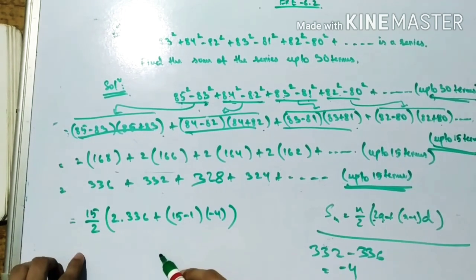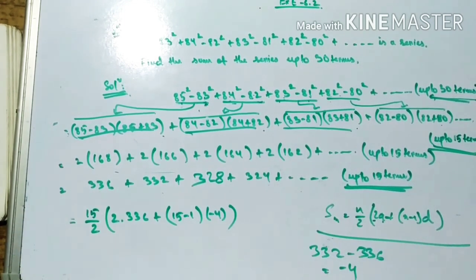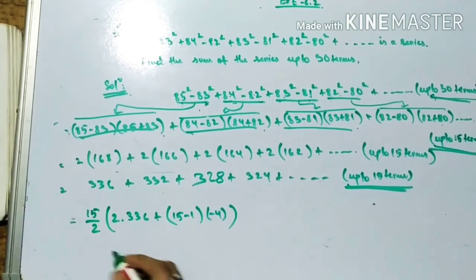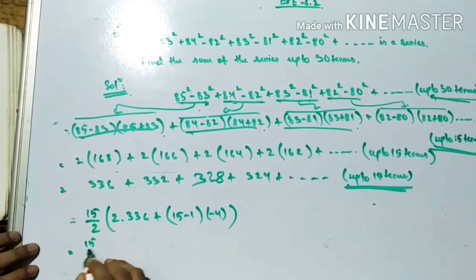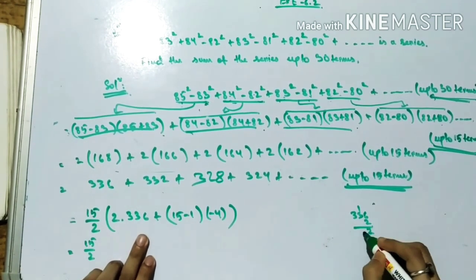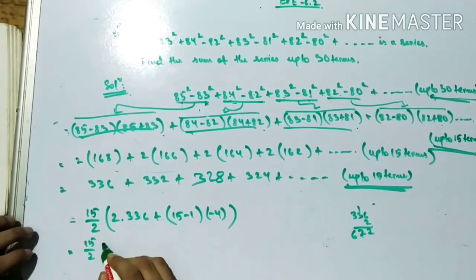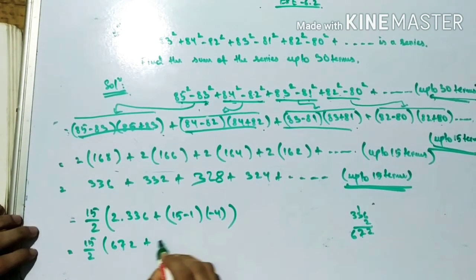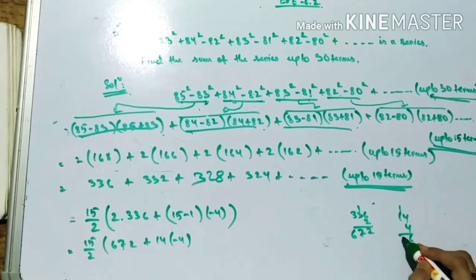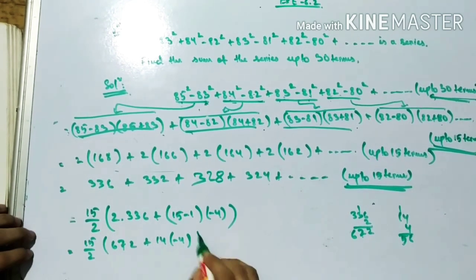Now this one I will solve and take out the answer. This much only I will have to do here. So this is equal to 15 by 2, 336 into 2: 6 twos are 12, 3 twos are 6, 7, so 672, plus this will be 14 into -4. So 14 into 4, 4 fours are 16, 4 ones are 4, 56 I will get.